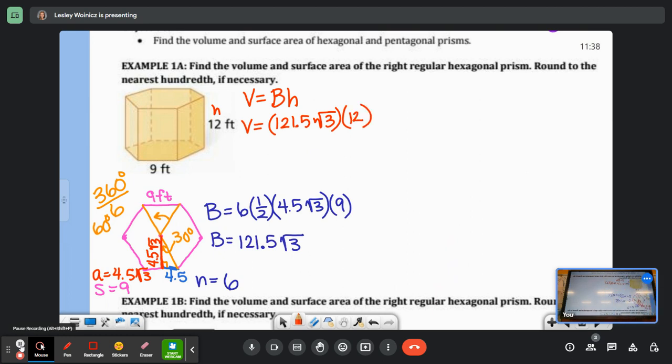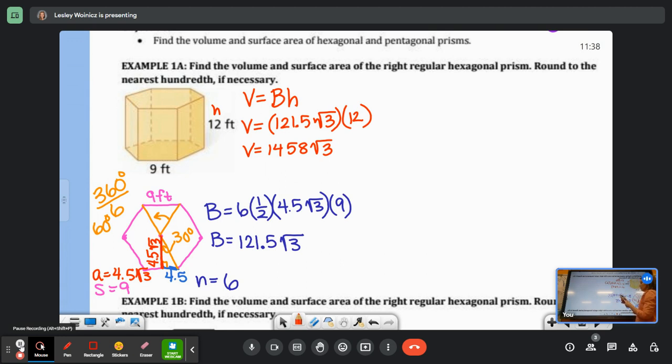We've done this before. I know. It should feel like review. We've done all of these pieces before, but we haven't put them together for this figure. I'm sorry, should I have done something completely different and made it really hard? No. Okay, so I'm going to multiply that by 12, and I get 1458 root 3, and it says that I can round to the nearest hundredth.